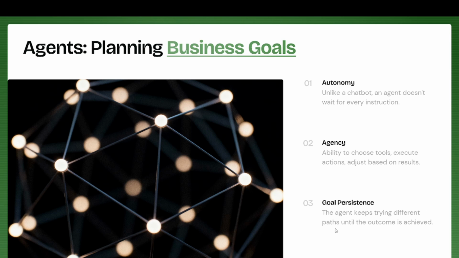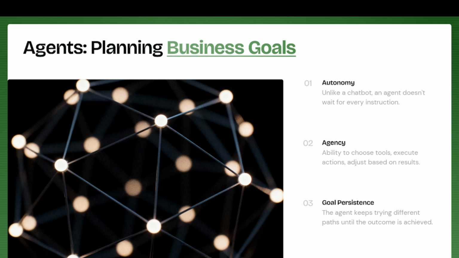So goal persistence. The agent keeps trying different paths until the outcome is achieved. So agents have the ability to try different approaches. If you task them that you want this thing done, the agent will try all their capability. They will extract all the knowledge that they need for the information.